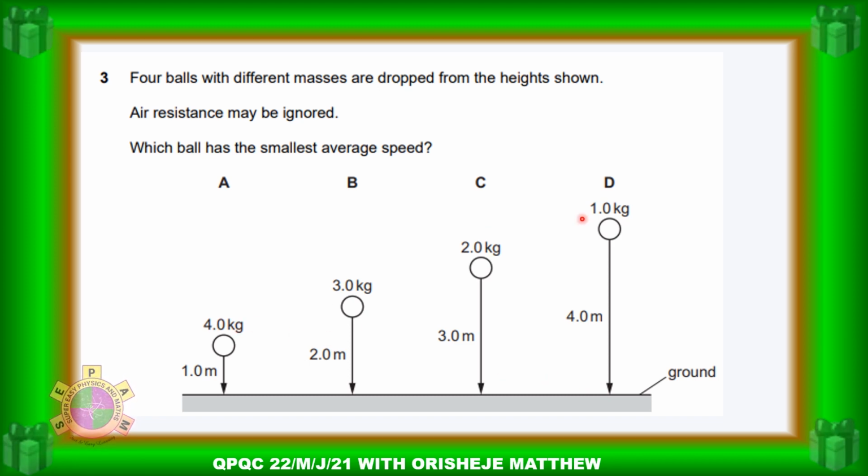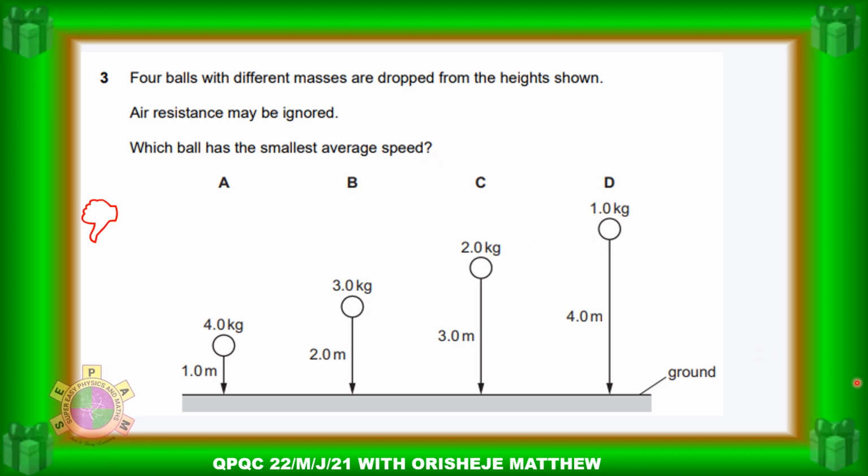Each of them has a different mass. Air resistance may be ignored. Which ball has the smallest average velocity? That is the question.